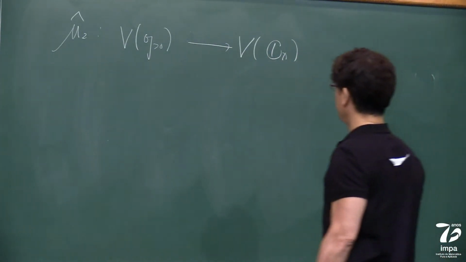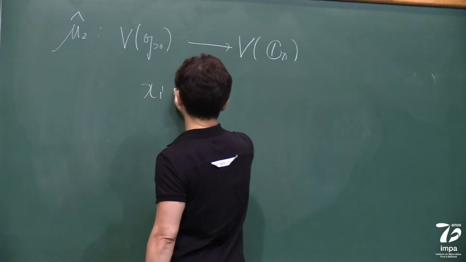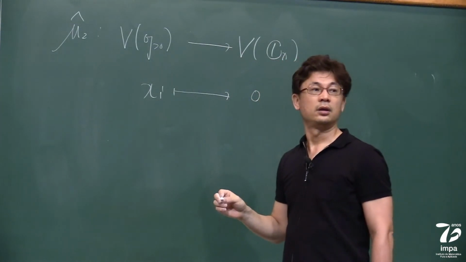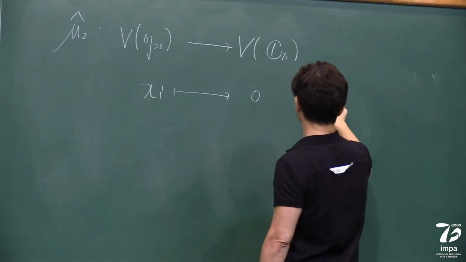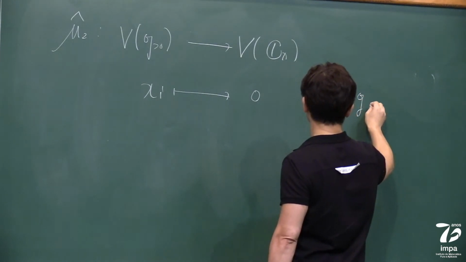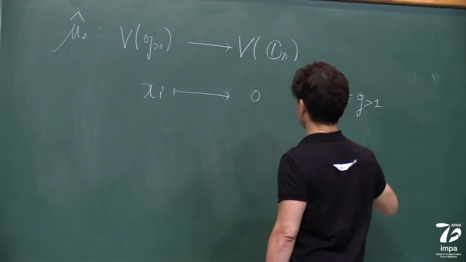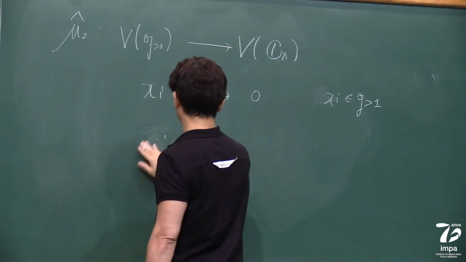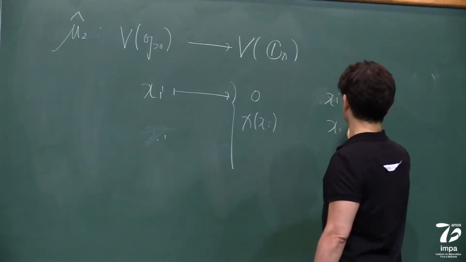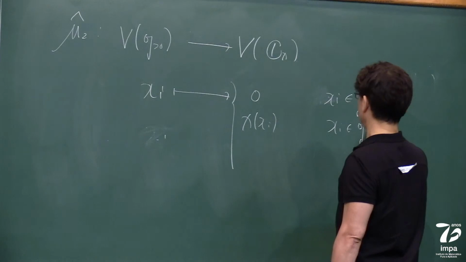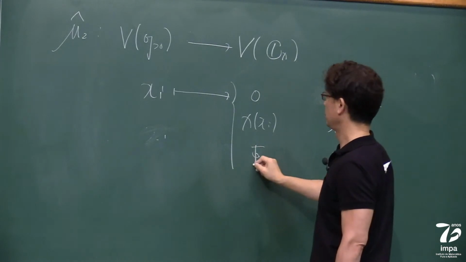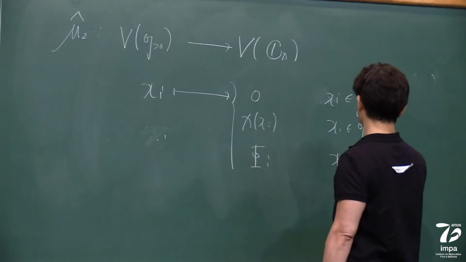And this is defined as xi goes to 0 if xi belongs to G greater than 1, and xi goes to chi of xi if xi is an element of G 1, and to phi I if xi belongs to G half.